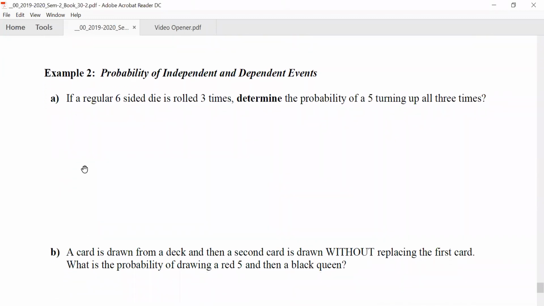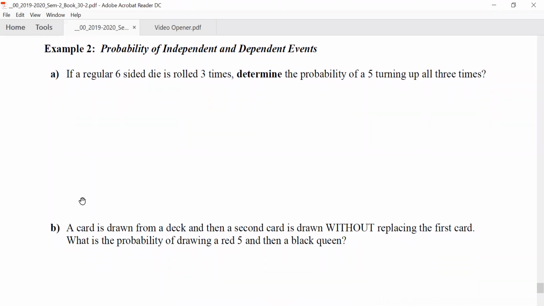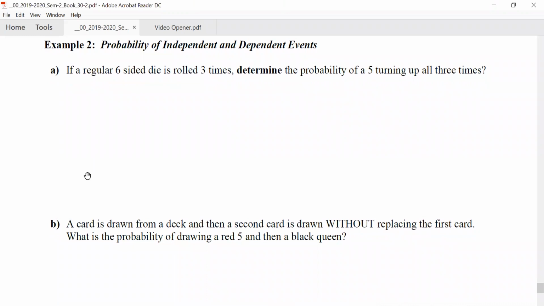All right, almost done this short little lesson. If a regular six-sided die is rolled 3 times, what is the probability of turning up a 5 all 3 times? Okay, so now we're going to start mixing up dependence and independence. Can rolling a 5 have an effect on rolling a 5 on the next roll and the next roll?